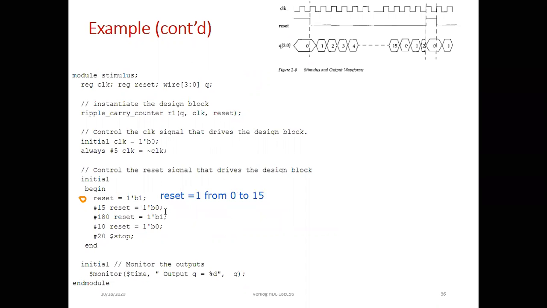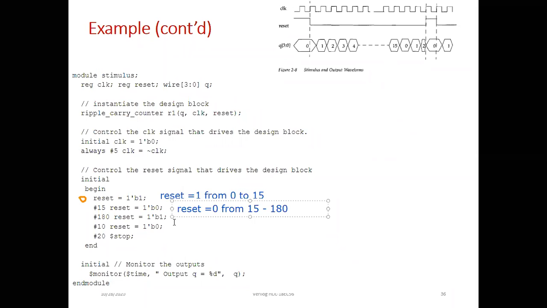Yes, so 0 to 15. Next, from 15 plus 180, right? Reset is equal to 0 from 15 to 15 plus 180, which means 195. Up to 180 actually, I can say up to 180.